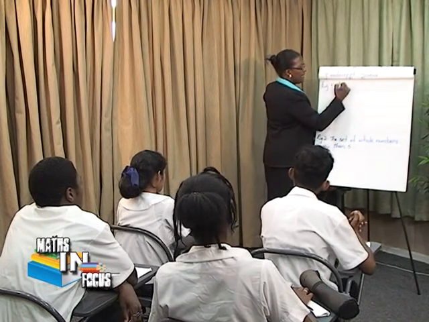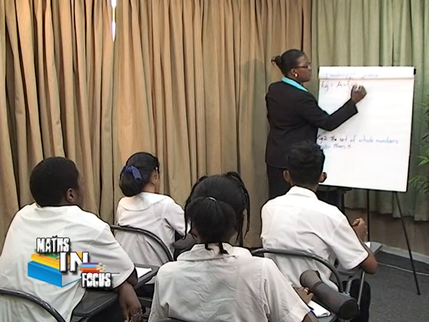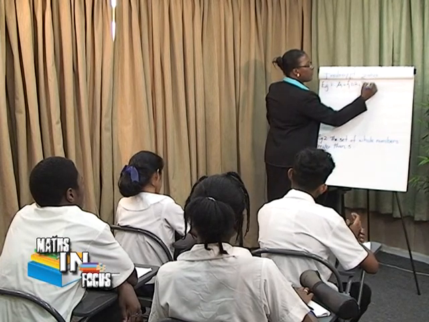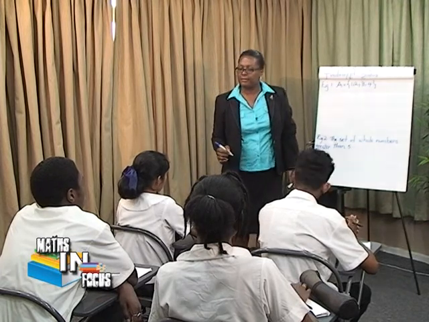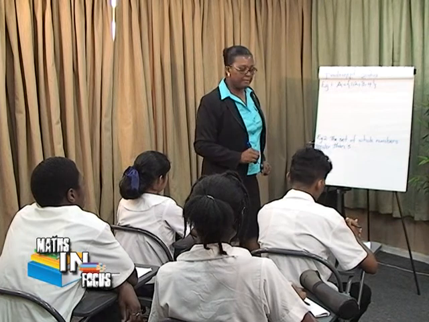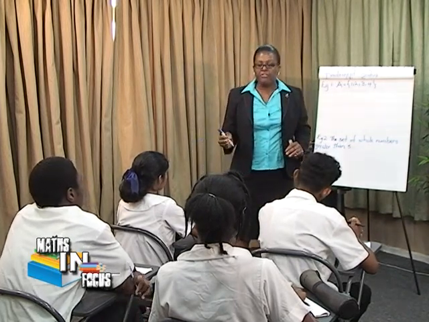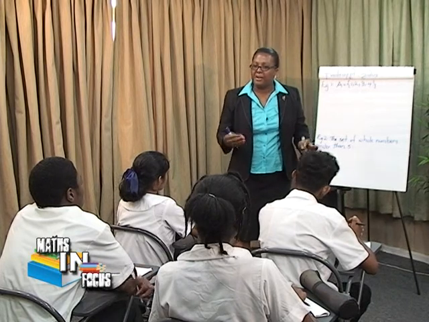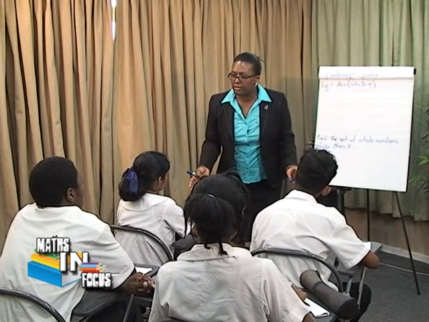So we have the set A is equal to 1, 2, 3, 4. How many elements are in that set? 4 elements are in there. Good. If I ask you for a natural number lesser than 5, which one will you choose?